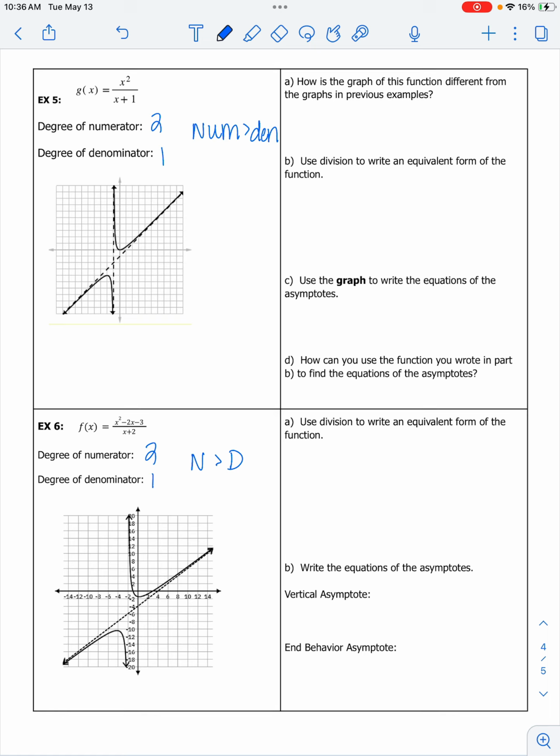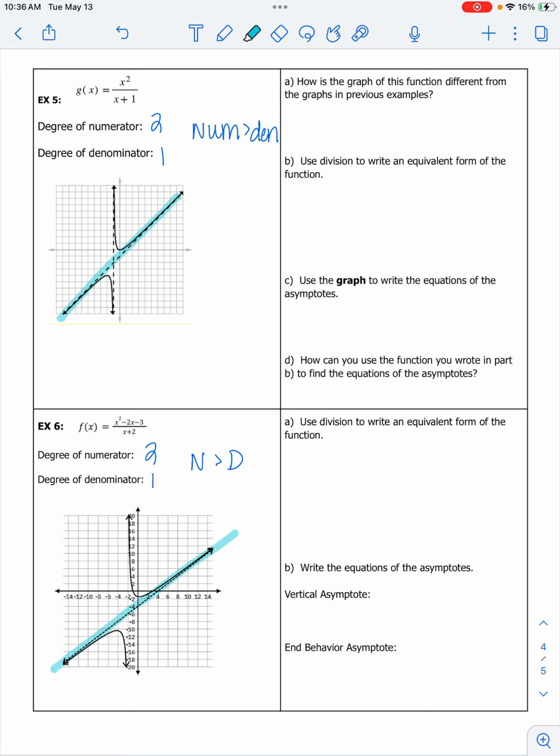Hopefully you're seeing something different about this graph. There is a dotted line on a diagonal in both of these. We no longer have what we call the horizontal asymptote, which is why we call it the end behavior asymptote, because it's what's happening to the function on the ends. Okay, as the graph goes to the right, what's happening to the value of the function? As the graph goes to the left, what's happening to the value of the function?